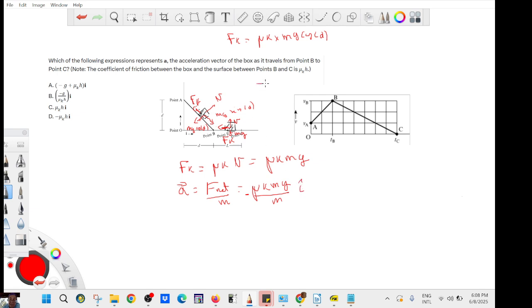I suppose i hat will be in this direction, so just the positive x-axis. So the answer is this one. This is just the coefficient of friction.